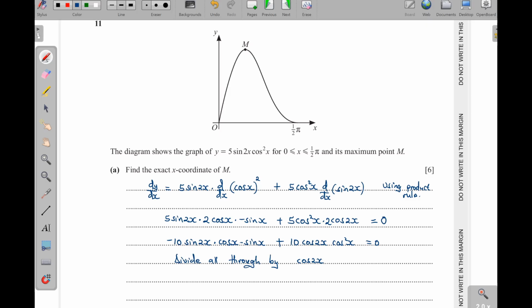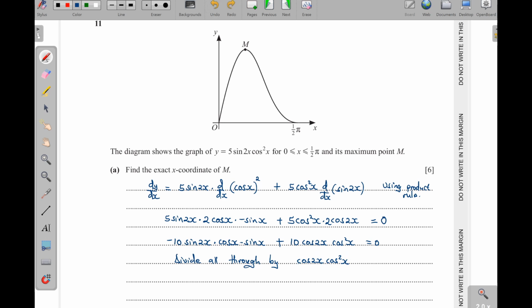If that is cos 2x, then how can I make this one a tan? I have to divide by cos x such that this one goes, and then another cos x such that this one becomes a tan, not so? So that is cos squared x. You can see that it is also here. That one can go, and then this one can go.